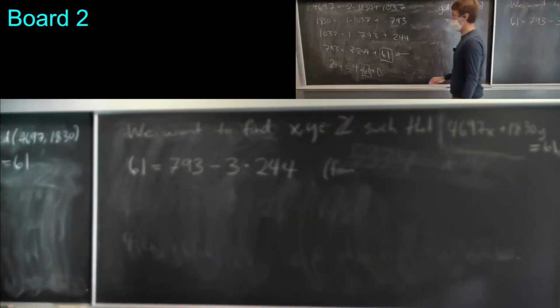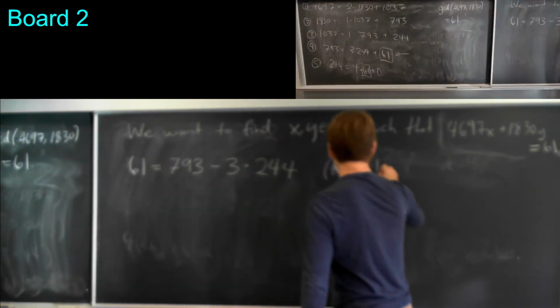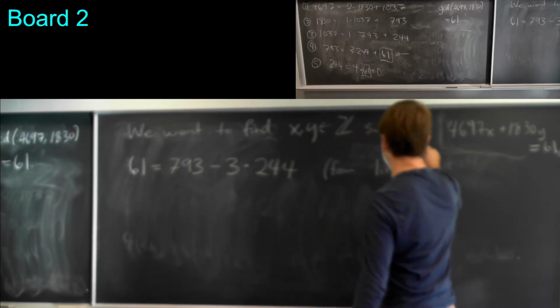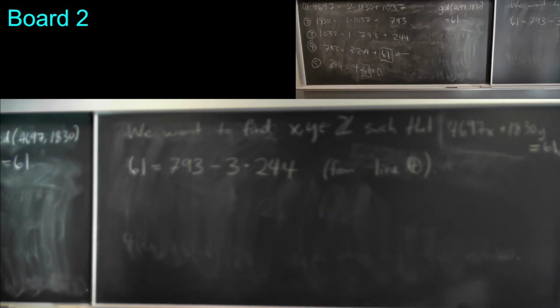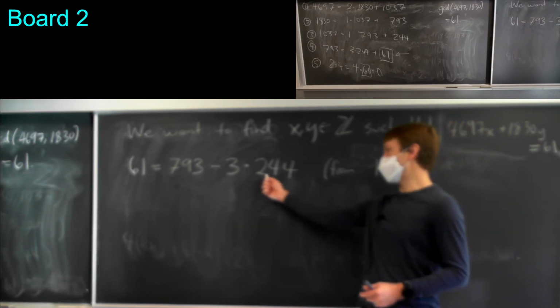So let's say I number these lines 1, 2, 3, 4, 5. So that comes from line 4. Now what I do is look at my smallest number.